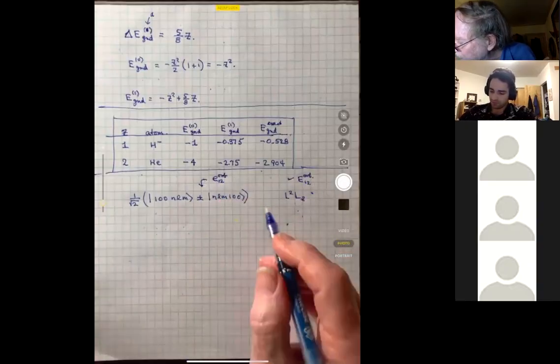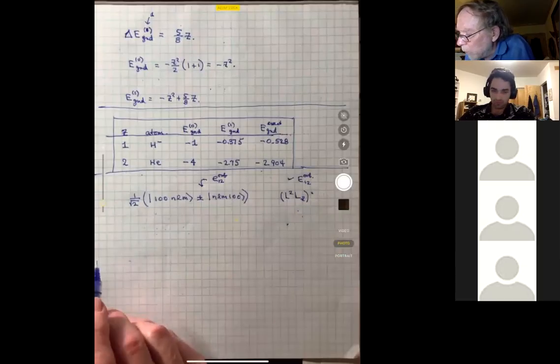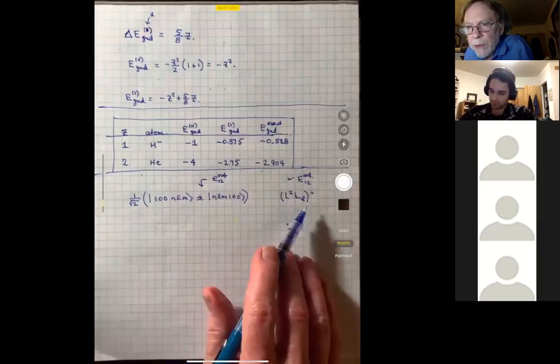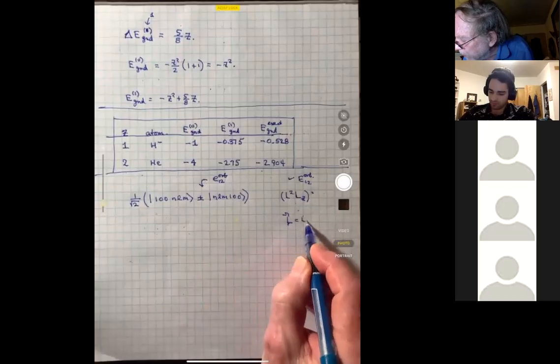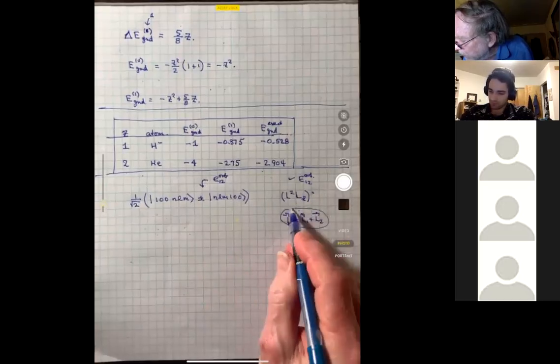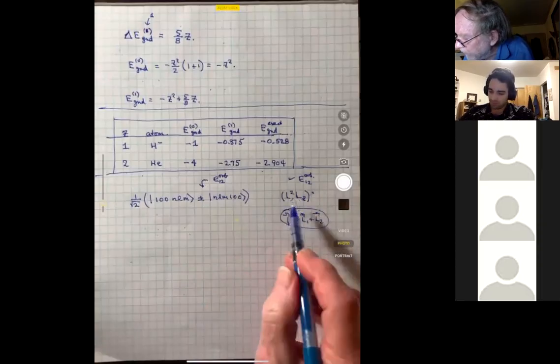Now, we'd also like them to be eigenstates of L squared and Lz, because those are good quantum numbers of the whole Hamiltonian. Well, actually, these states that I've written down are eigenstates of L squared and Lz. By the way, the L squared and Lz refers to the total L, which is L1 plus L2. That's the total orbital angular momentum of both electrons. And so this is the square of that vector and the Z component of that vector.